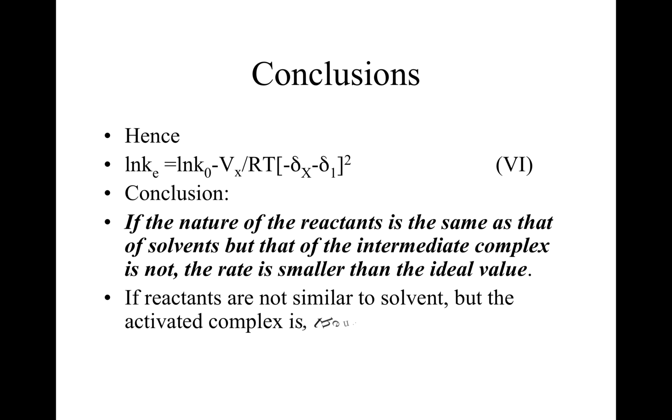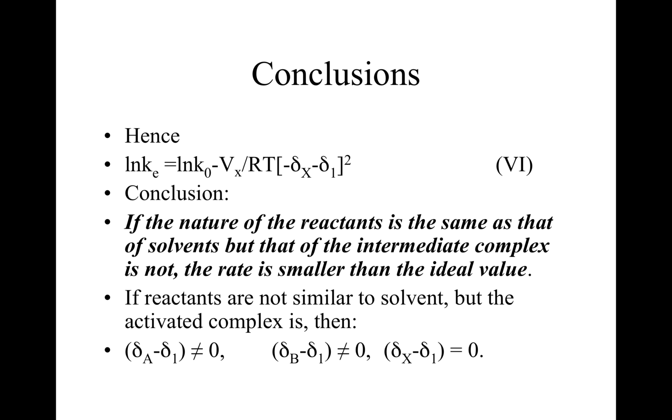If reactants are not similar to the solvent, but the activated complex is, then δA − δ1 is not equal to 0, and δB − δ1 is also not equal to 0, but δX − δ1 is equal to 0. Conclusions.